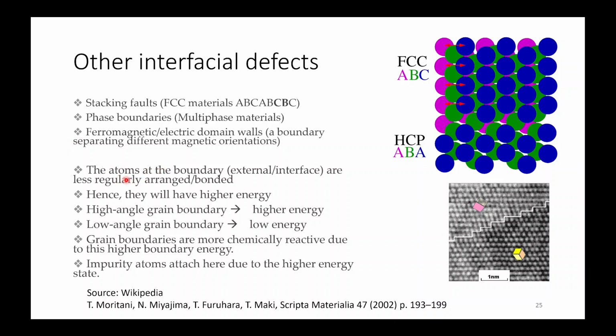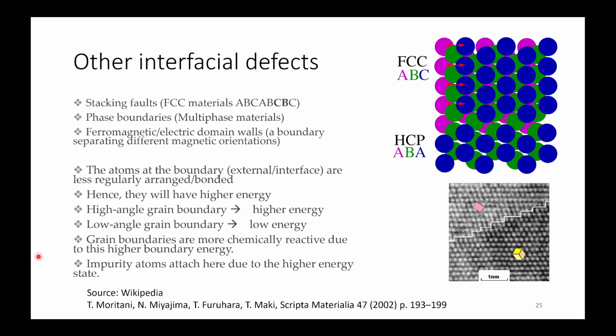The atoms at the boundary are less regularly arranged and bonded, so they have higher energy. In the case of a high angle grain boundary, we see higher energy, and at a low angle grain boundary we see lower energy. So grain boundaries are more chemically reactive due to this higher boundary energy.